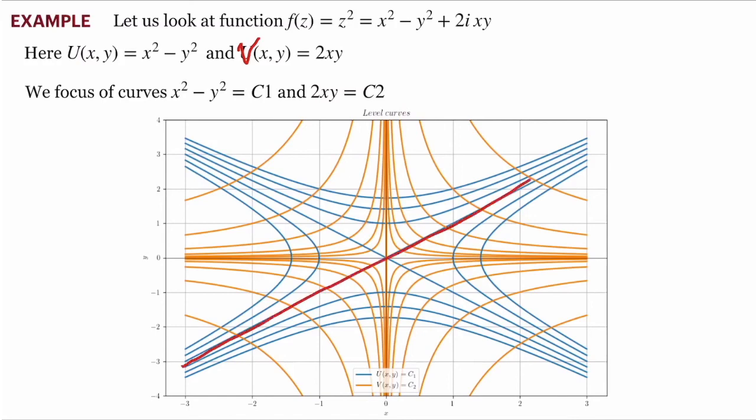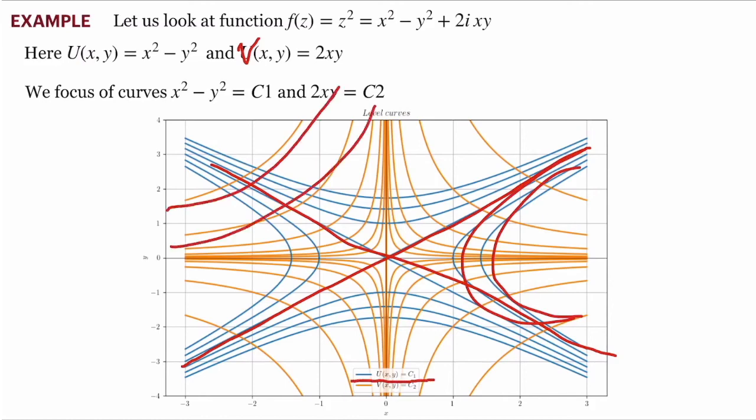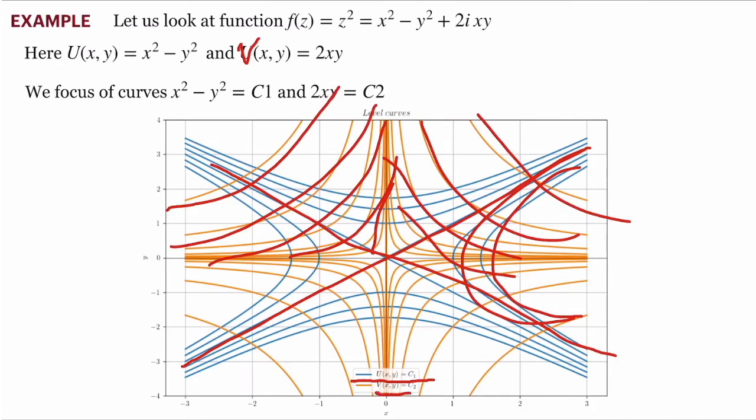The first ones, the parabolas across these, are given by u of xy is equal to constant. The second ones, which are going like these, are the orange curves, which correspond to v of xy is equal to constant.